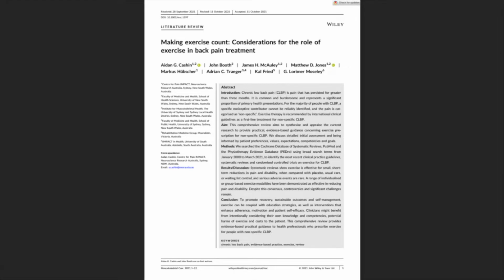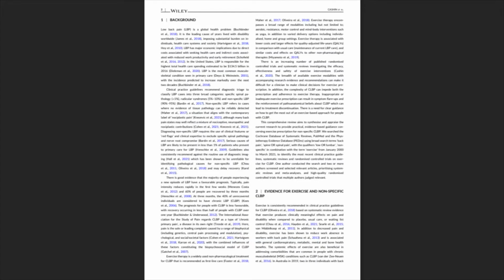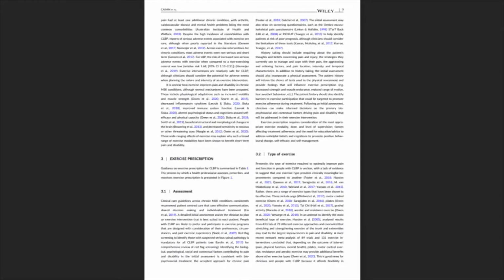But this is about making exercise count, considerations for the role of exercise in back pain, and it is a stunning paper. It is everything that I've been reading in the field in the last 5 to 10 years, and been applying for the last 5 years, all put into one nice short paper as to what we should be trying to do from an exercise prescription perspective.